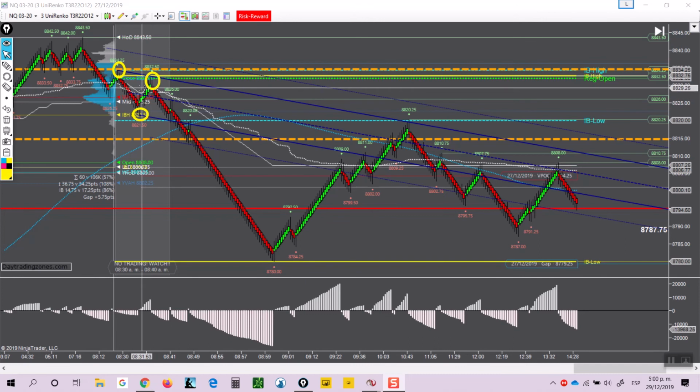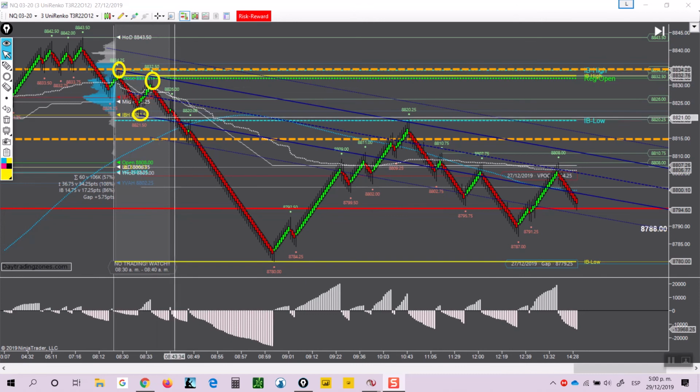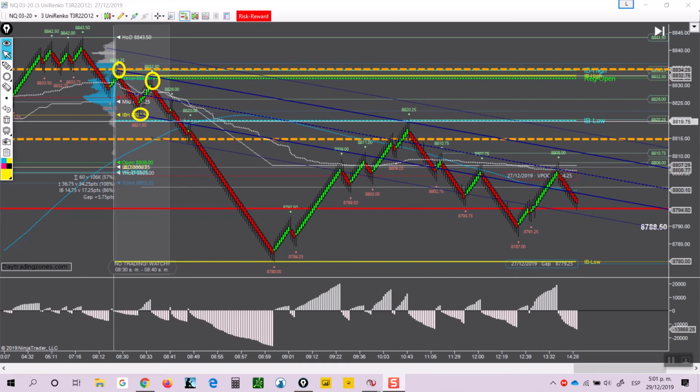Continuing with the channel, we want to test lock here, going short this level. Between this swing and this test here, we have 2 minutes, so you have to be there.